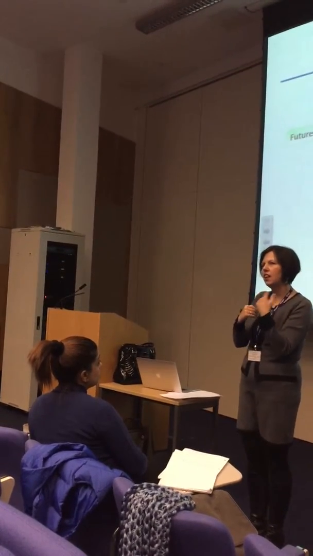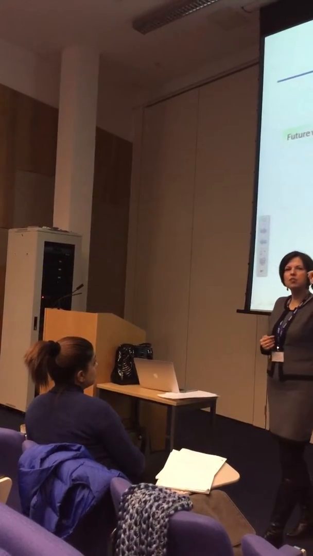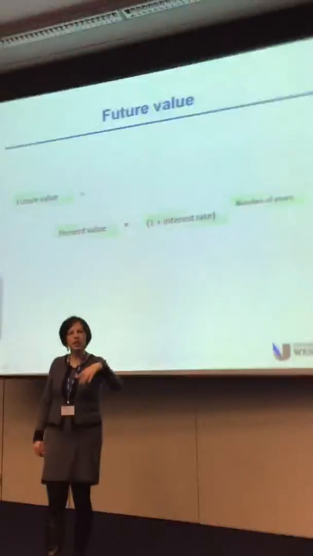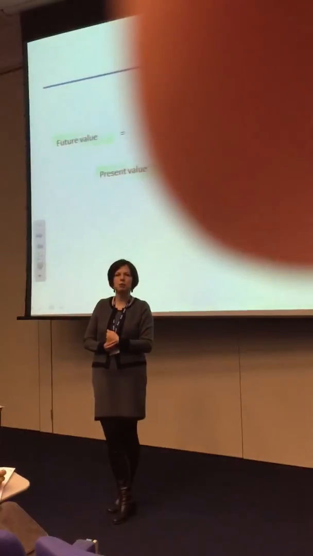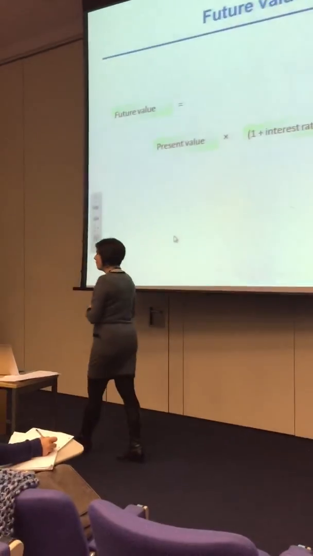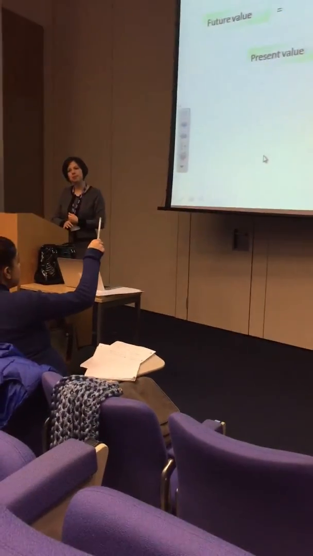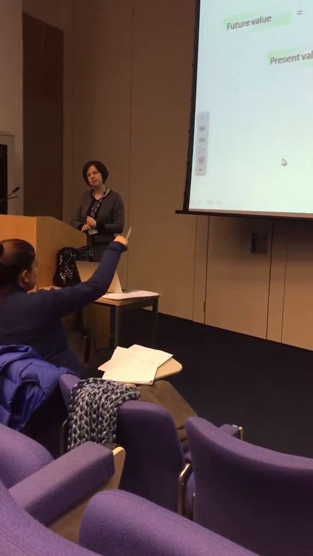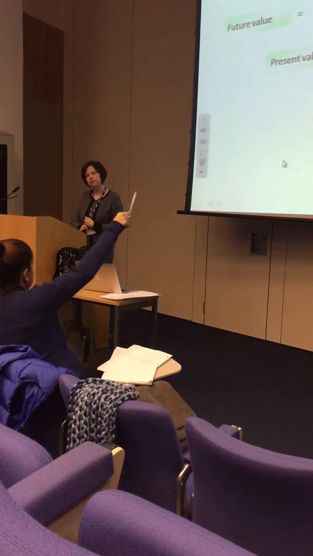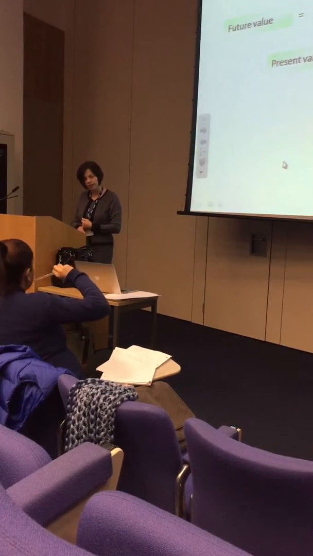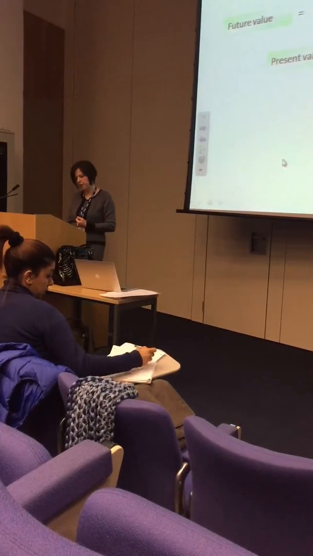That's adding the interest rate raised to the right power to see how much interest that money will have earned by that point in time. The number of years is, for example, 1 plus the interest rate to the power of 3 years, or 2 years. It just depends on our time horizon.